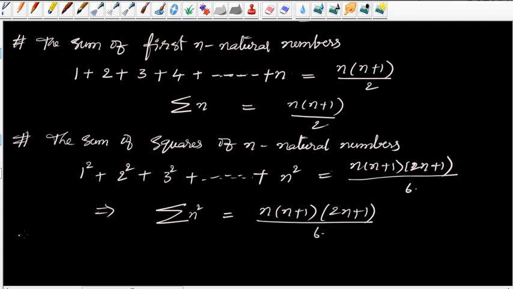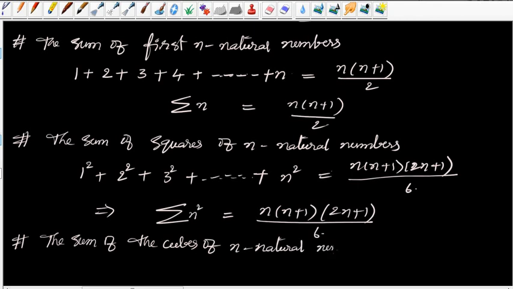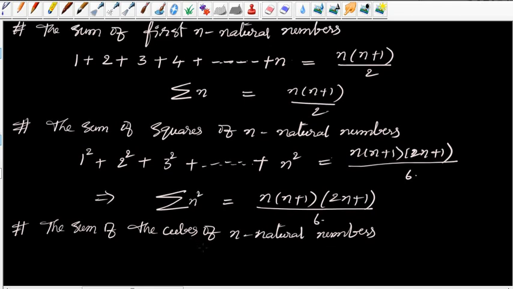Next one, the sum of the cubes of n natural numbers. This is denoted by the sum of cubes of natural numbers, that is 1 cube plus 2 cube, and so on, up to n cube.